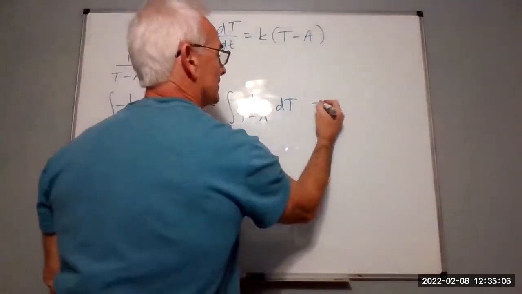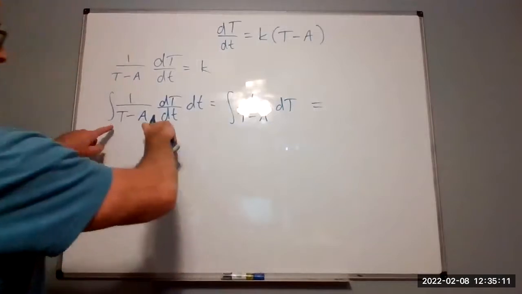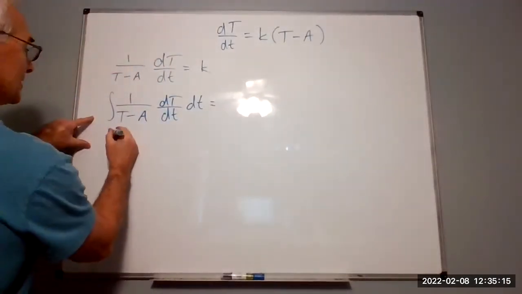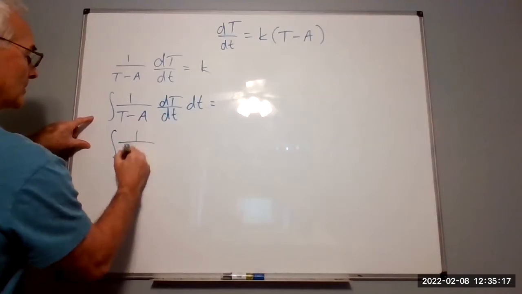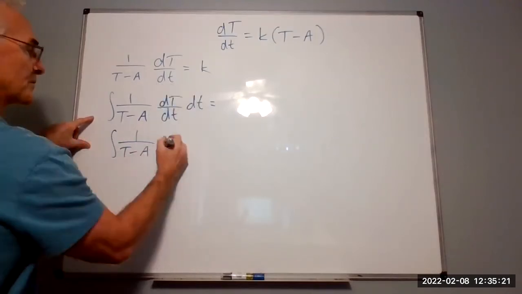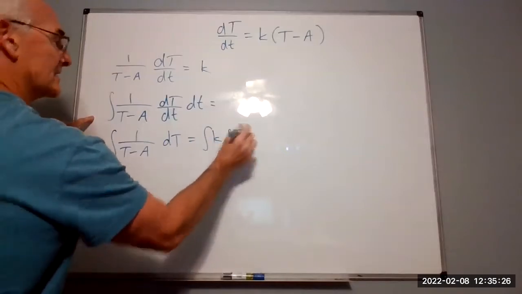The right side, hopefully, oh, you guys can't see that, can you? Okay, I'll write it underneath. I just looked up and saw the glare. All right, so on the left side, it's 1 over T minus A dT integrated with respect to T, which is big dT. The right side is k dt.